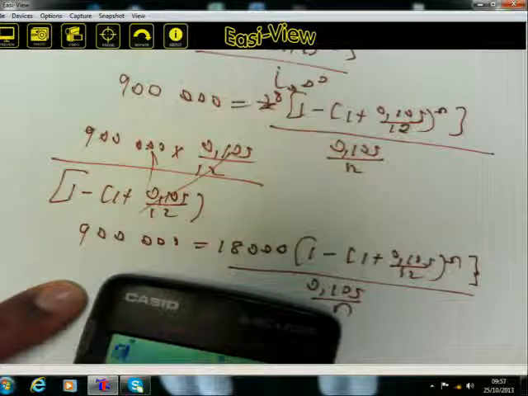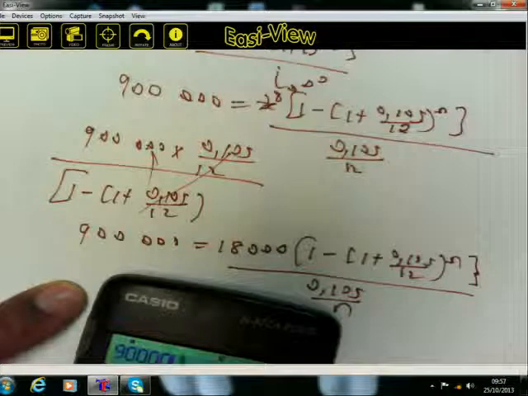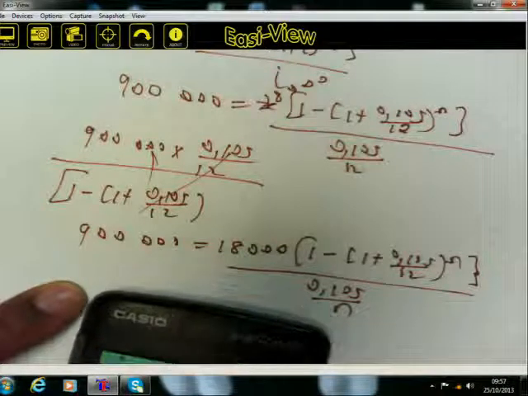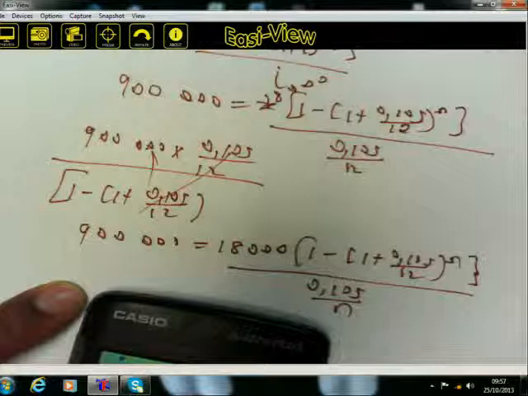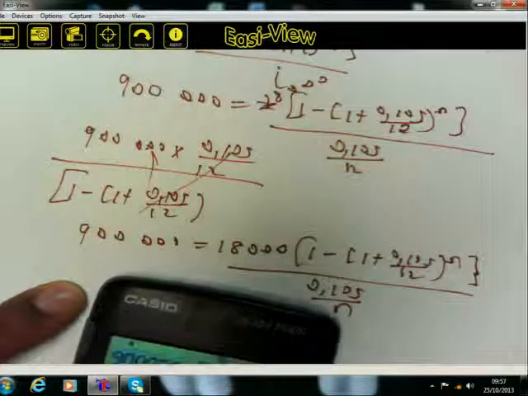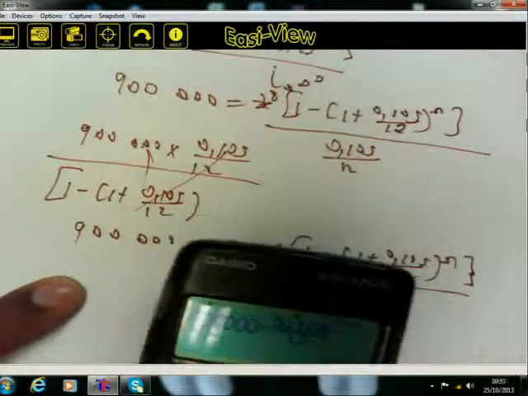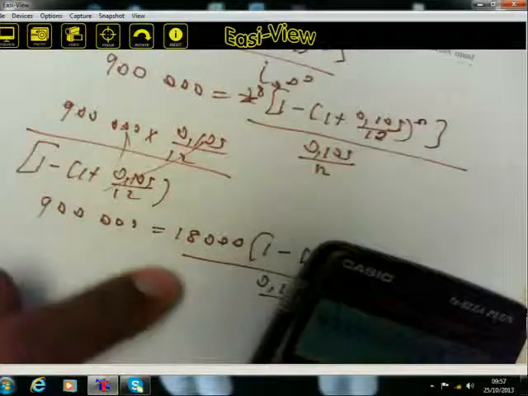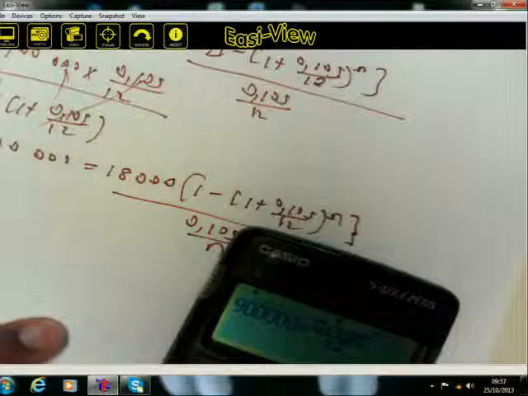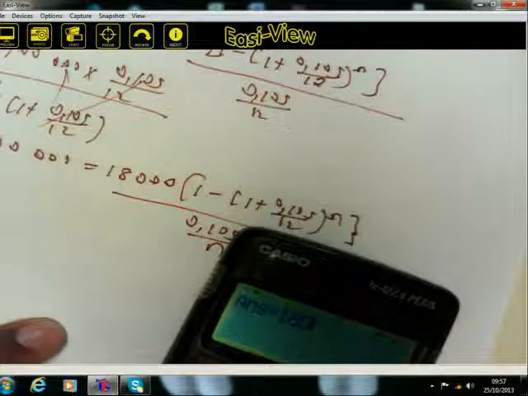That is 900,000 multiplied by 0.105 divided by 12. Of course, you're going to get 7,875 there. And then from this one, you divide it by 18,000.